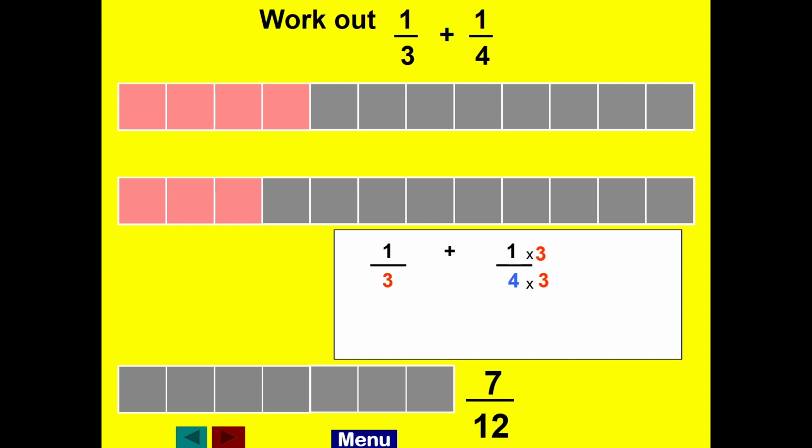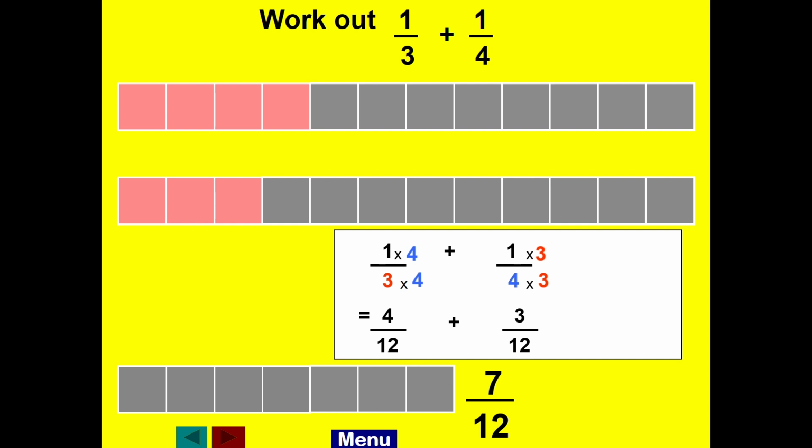And you do the same for the first fraction, multiplying its numerator and denominator by 4. So that will create their equivalent fractions.